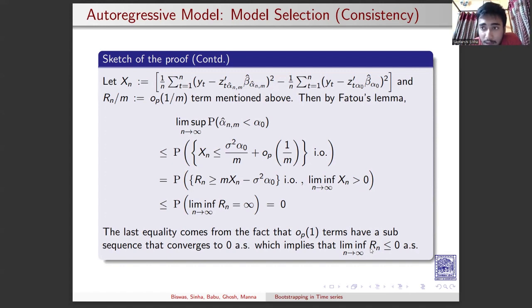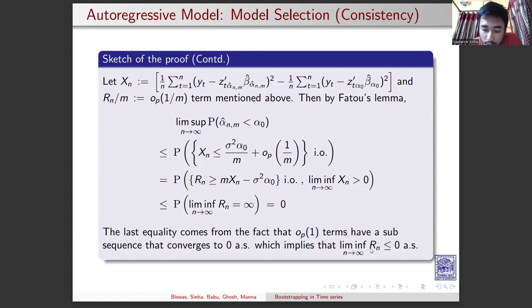We can say, by using Wei's result, that the lim inf of the differences between the RSS is greater than 0 almost surely. Now this event actually implies that lim inf of R_n is equal to infinity, which is not possible since R_n has a subsequence going to 0 almost surely.